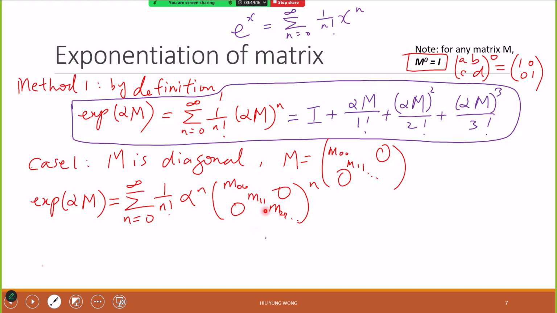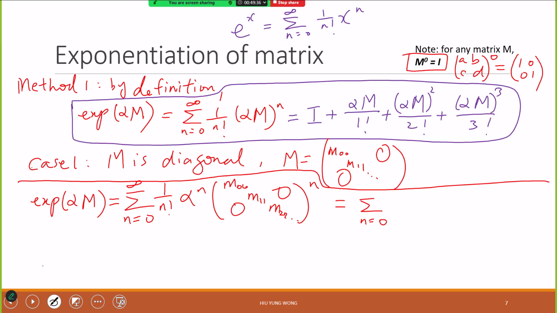Now, the quick thing here is that this is a diagonal matrix. If you try to multiply a diagonal matrix by itself, because the rest is 0, you find that this is nothing but just, to make this clear, the summation from n equals 0 to infinity of 1 over n factorial, alpha to the n. A diagonal matrix to the power n is just equal to its elements to the power n.